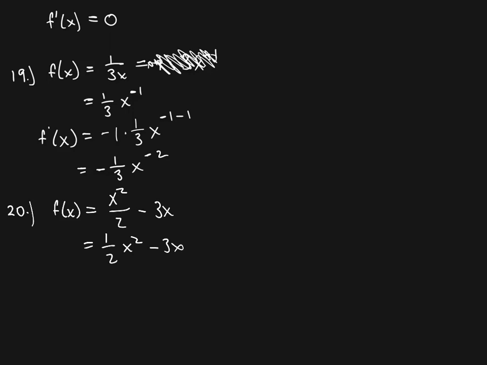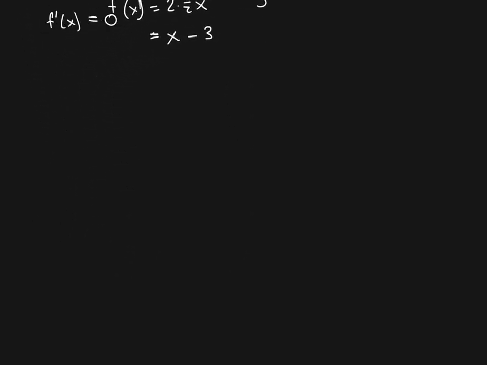Now we can take the derivative, as we've always done. f prime of x is equal to, so now we've got 2 times 1/2 x to the 2 minus 1, minus, and we know that the derivative here is 3. So the 2 and the 1/2, they multiply to become 1. So we're just left with x to the 1, which is, of course, x minus 3. So there's our derivative for problem number 20. It's just x minus 3. So let's move this up out of the way.